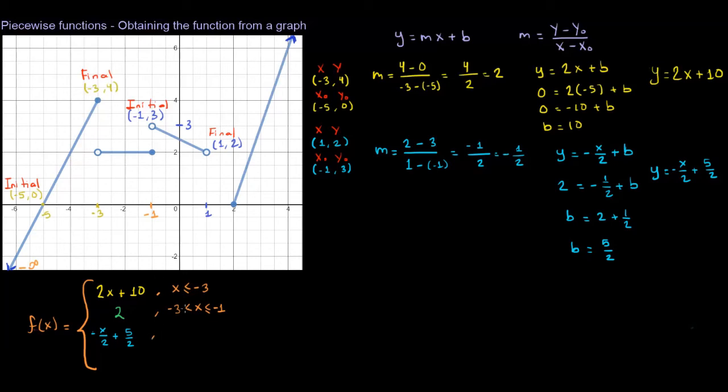Here's when the x is between the negative 1 and the positive 1. Just notice something here. The negative 1 is excluded, and so is the positive 1. So I'm going to write it like this: negative 1 lesser than x lesser than 1.